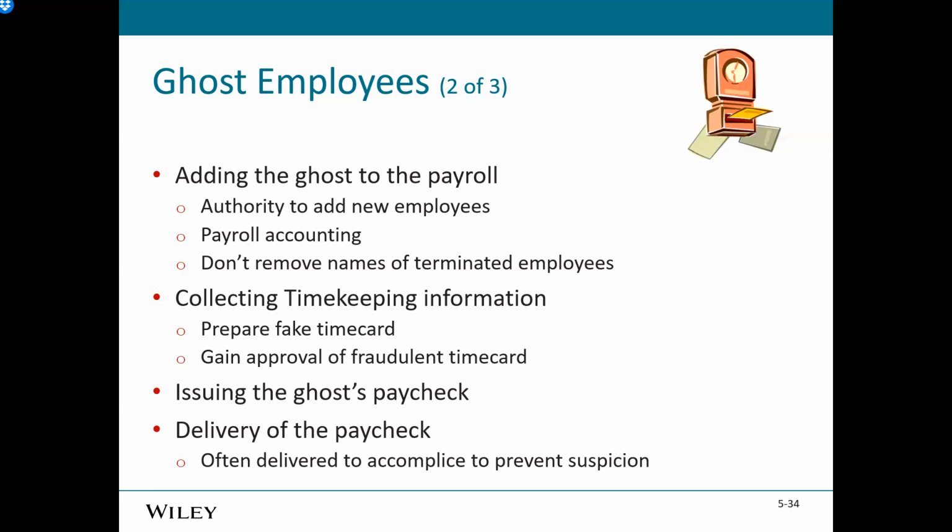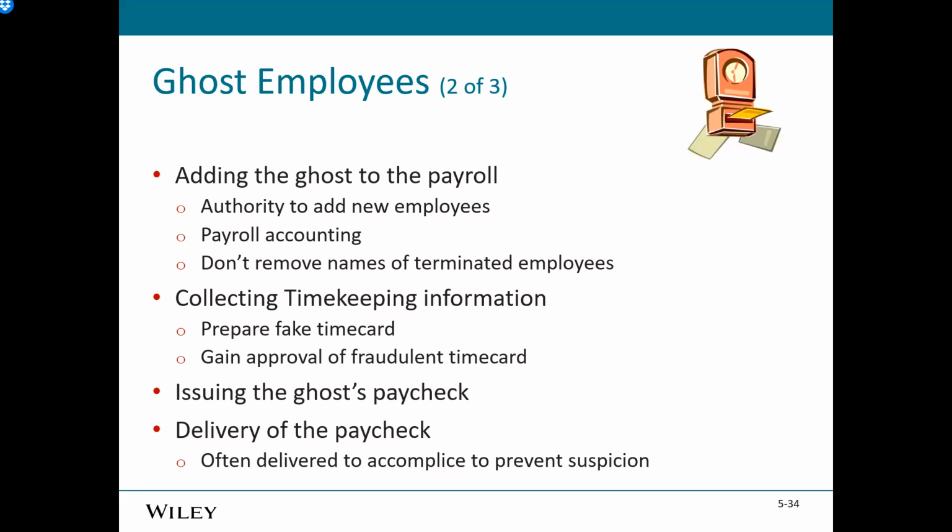We're going to have to collect some sort of time card information. So we may have false time cards, or we might have some sort of approval for a fraudulent time card that could also happen. Issuing the check. After we have collected their time card information, we're just going to process the paycheck through our typical process, and then delivering those paychecks.